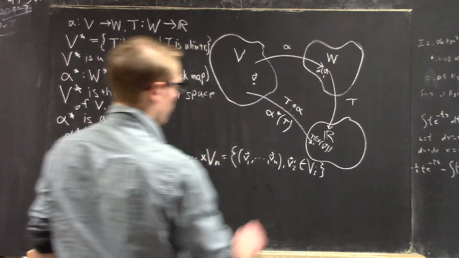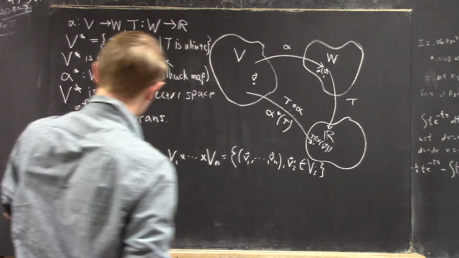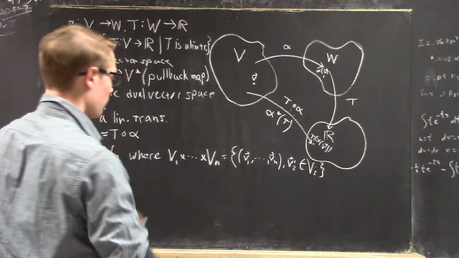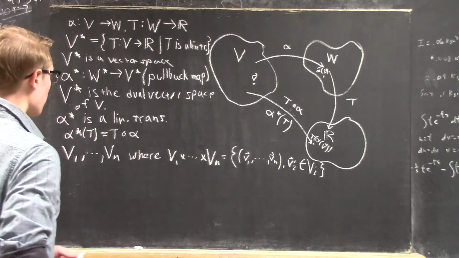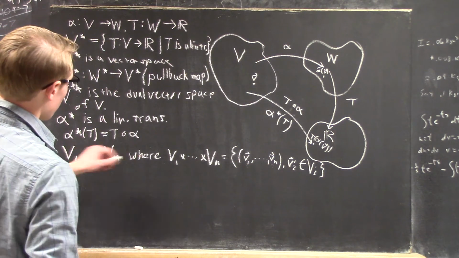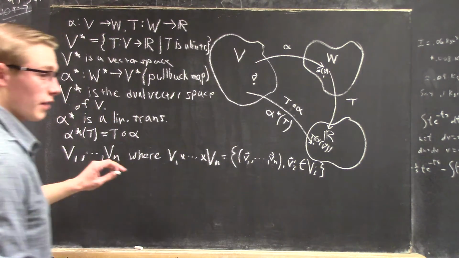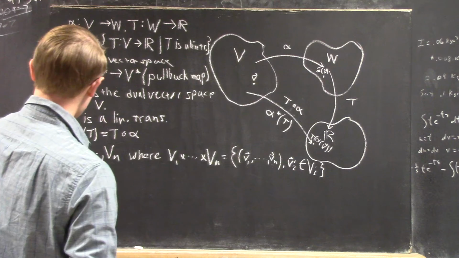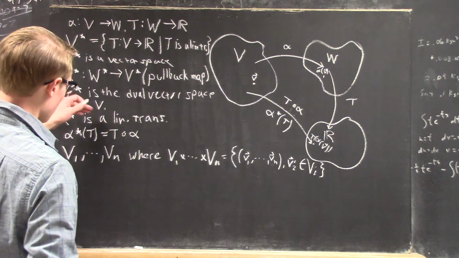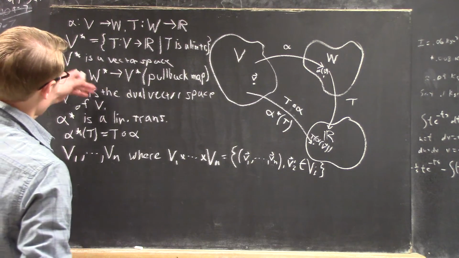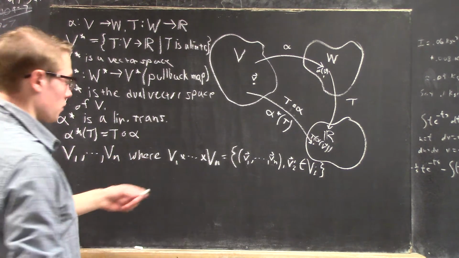Of course, each respective vector is in its place in this Cartesian product, for this order. Well, this set can also be proven to be a vector space. And we prove that in a very similar fashion to proving that the dual vector space of some vector space is also a vector space.